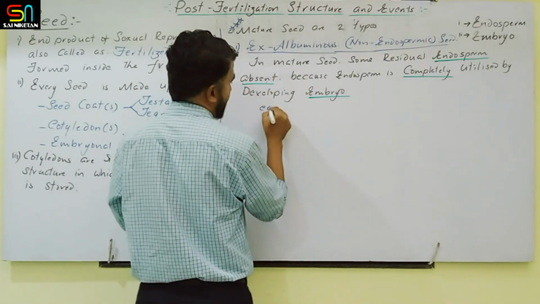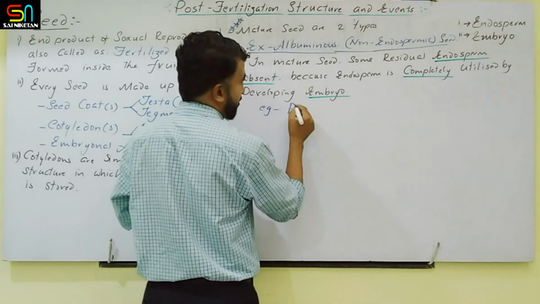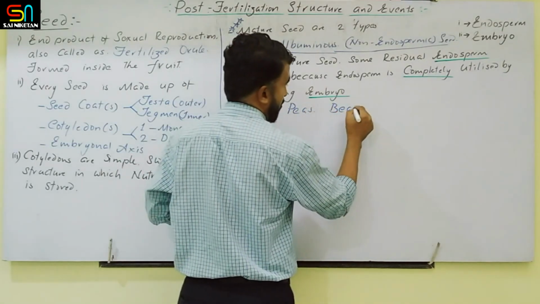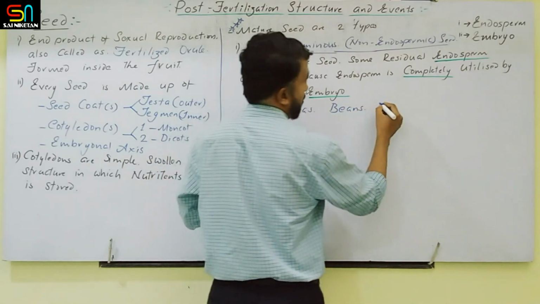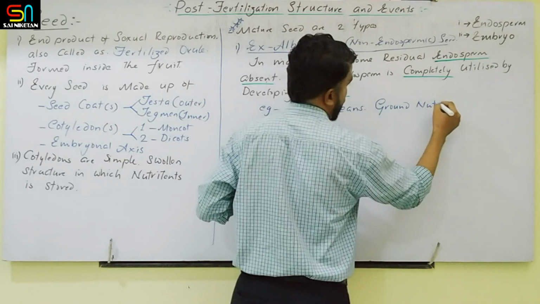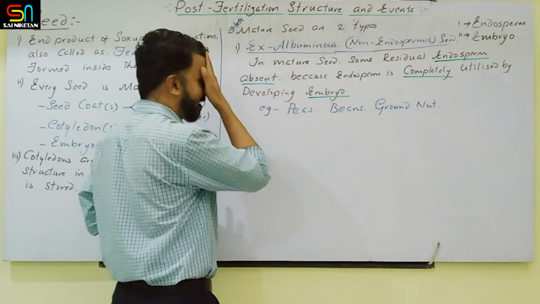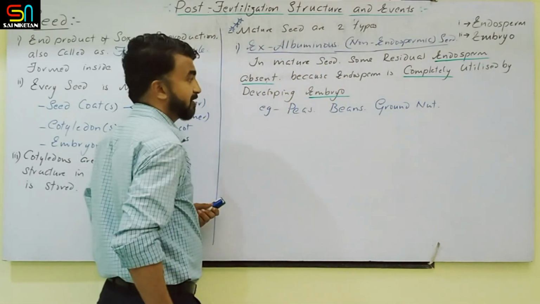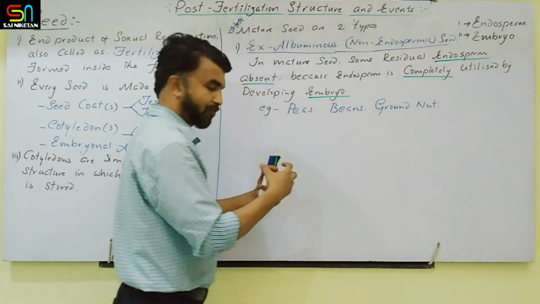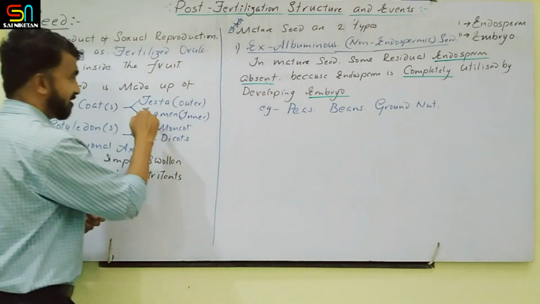For example, peas, beans or even groundnut, these are the typical legumes you can see in the kitchen. When you cut them, you get the seed coat.